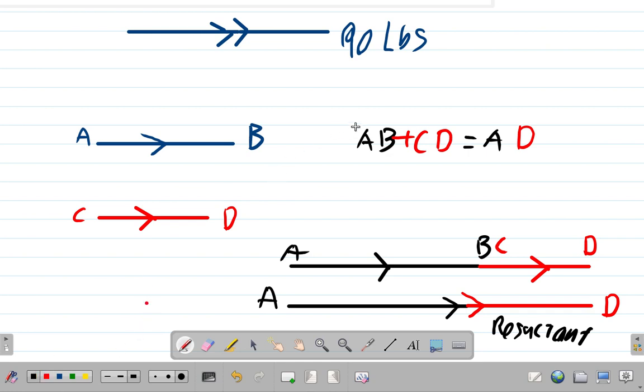Remember your arrows to show that these are vectors. So that is what you have. These two vectors are pointing in the same direction.